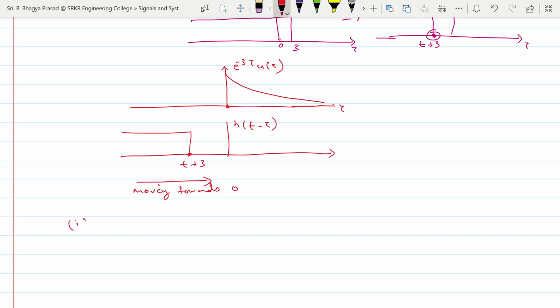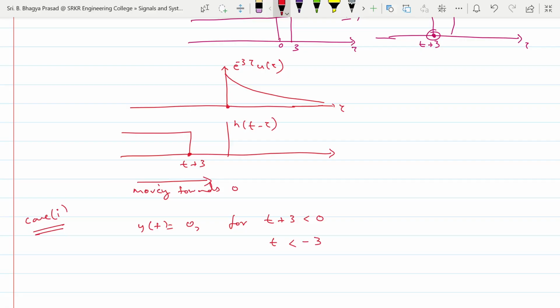So that is case 1: y of t is 0 for t plus 3 less than 0, that is for t less than minus 3, right?